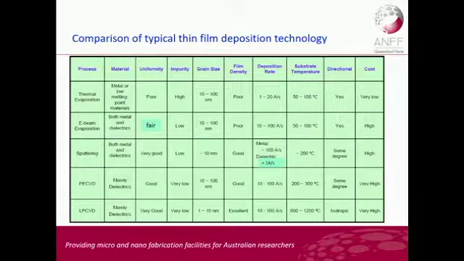And you look at the substrate temperature: thermal and E-beam evaporation we carry out at room temperature, but during the process the temperature will heat up to less than 100 degrees. Also it is directional deposition. So thermal and E-beam are directional, PECVD is directional to some degree, and LPCVD is conformal.